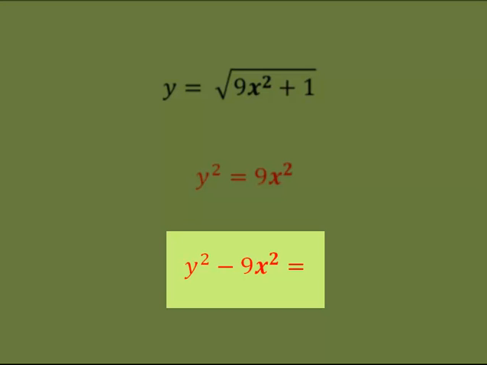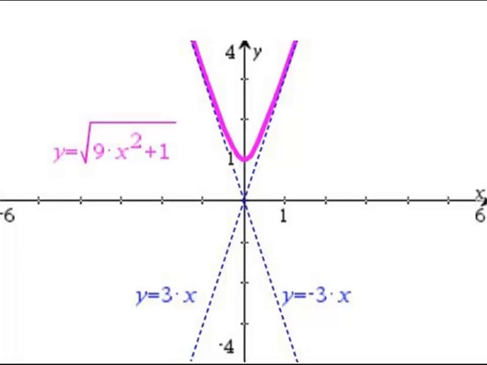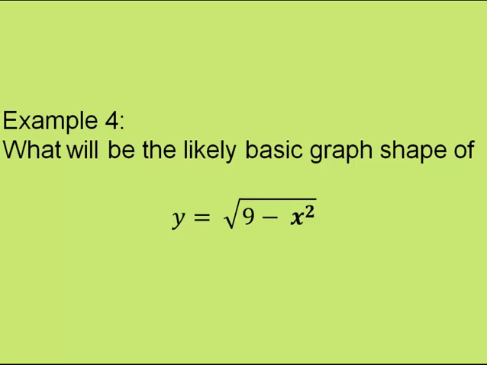Now you realize the coefficients have opposite signs. That reminds you of a hyperbola. The radical crops half of it, so your conclusion is this will be half a hyperbola. Correct.